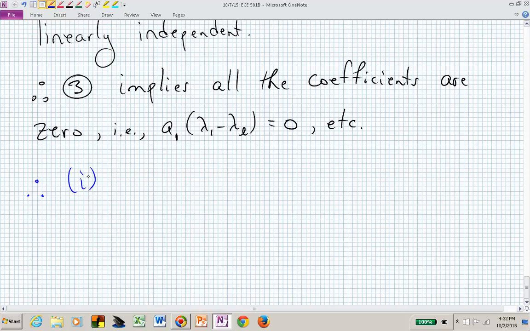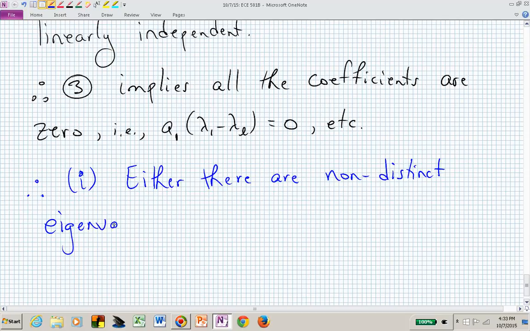Therefore, the first case: either there are non-distinct eigenvalues, meaning we're setting lambda 1 equal to lambda l, lambda 2 equal to lambda l. So we have some repeated eigenvalues, and that's actually a contradiction.